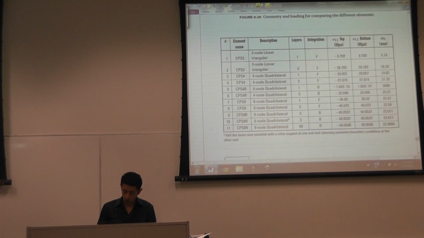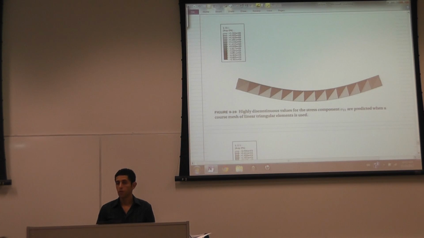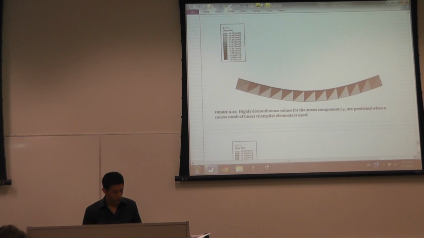What you will find is, when you use one layer, look at the displacement, you're going to get very large displacement. So this is what you should get as well, something huge when you use only one layer of elements and try to model it under bending. And we will discuss why this is the case in the next lecture.